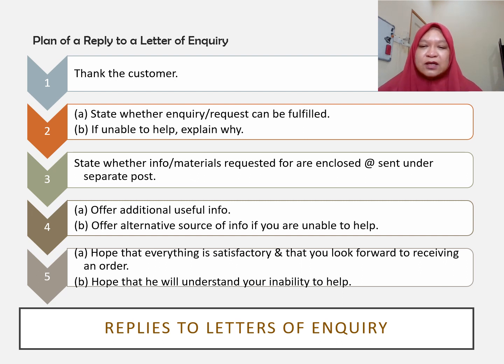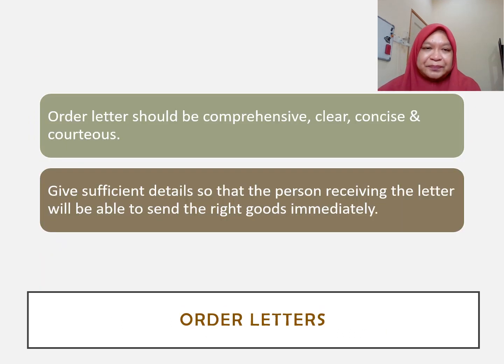So if you are granting the request, you hope that you will get the order from the sender. However, if you are unable to grant the request, you hope that the sender will understand your position.